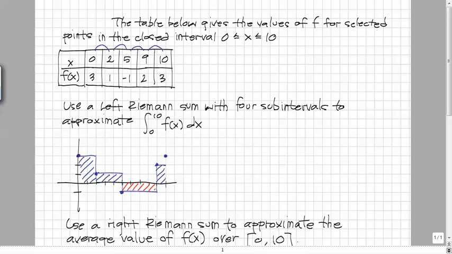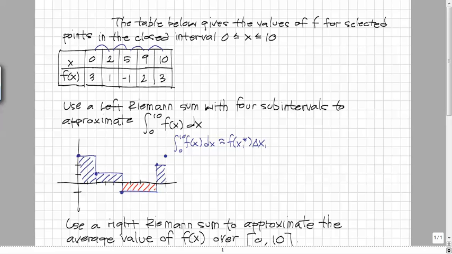Now let's write out a formula for our left Riemann sum with 4 subintervals. I'm going to say the integral from 0 to 10 of f of x dx is approximately equal to f of x1 star times delta x1.